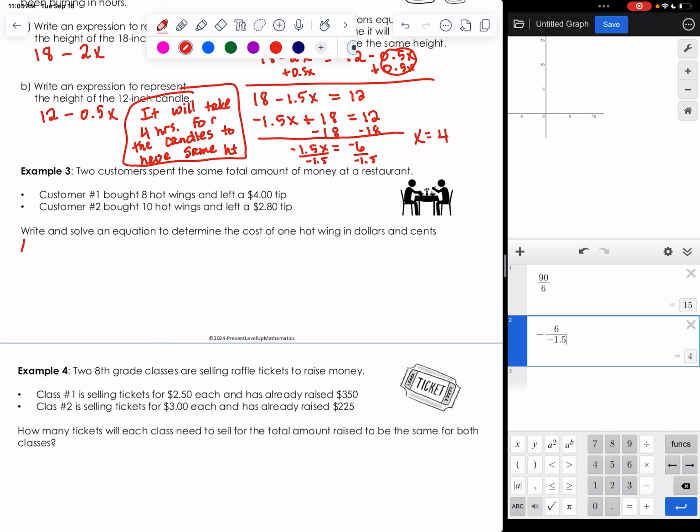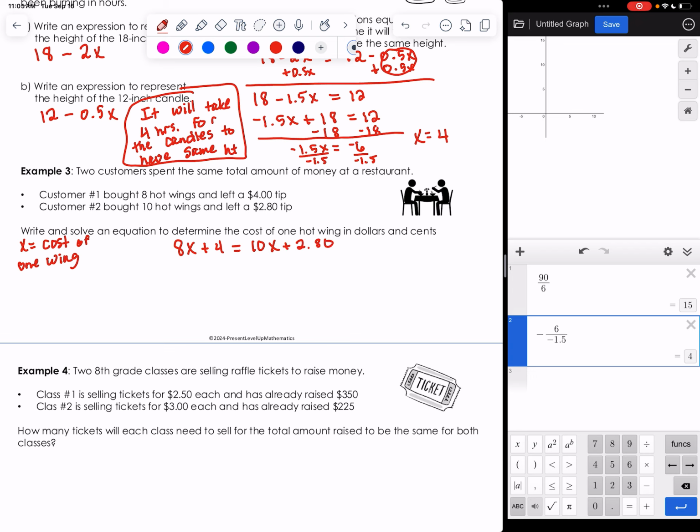So we're going to let x equal the cost of 1 wing. Customer 1 bought 8 hot wings, so that would be 8x, and they left a $4 tip, so plus $4. Customer 2 bought 10 hot wings, so 10x plus a $2.80 tip.